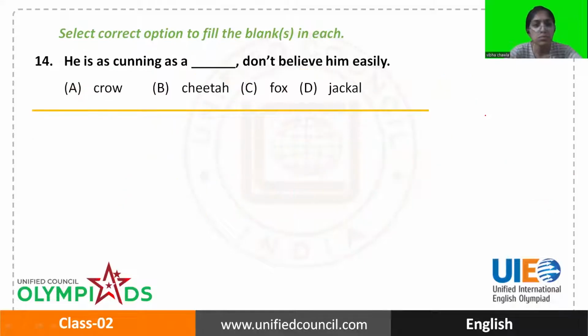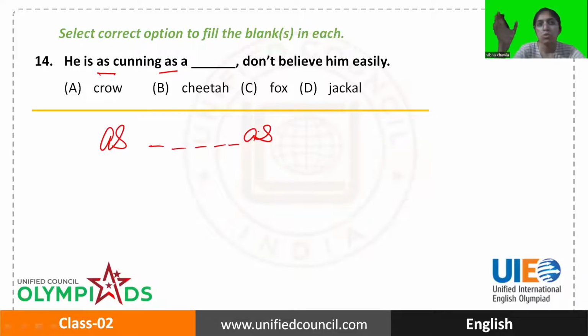Next up, question number 14. He is as cunning as a plant. Don't believe him easily. Okay. So first of all, this is the structure of a simile in which we use the as structure to make a comparison, basically to show equality, that somebody is as cunning as, and then we write a noun.